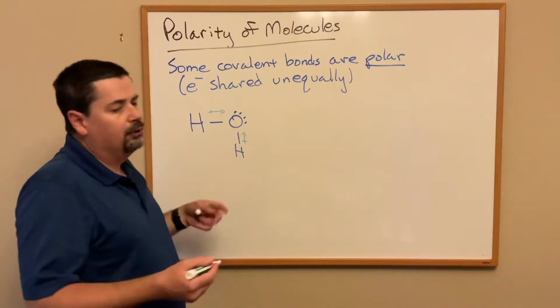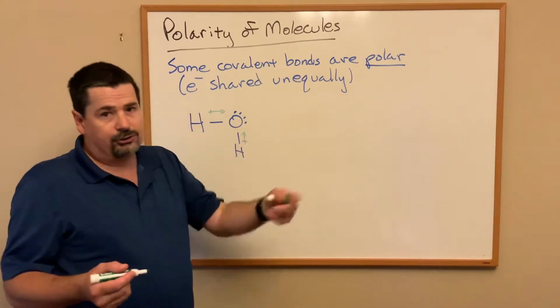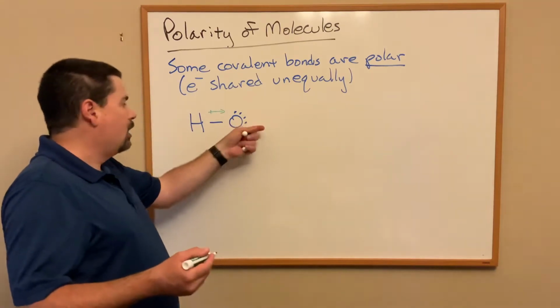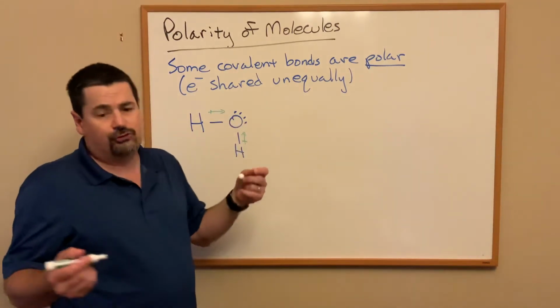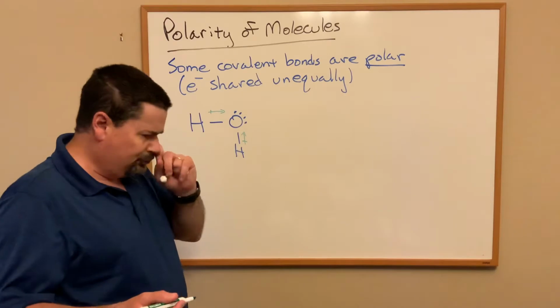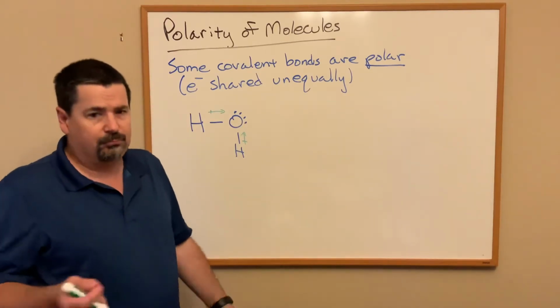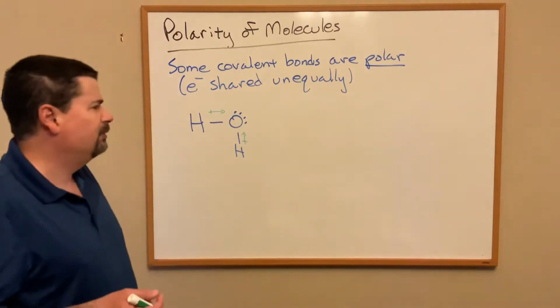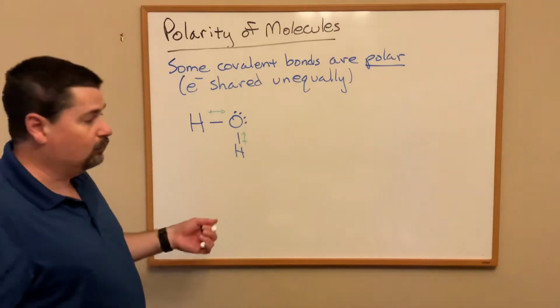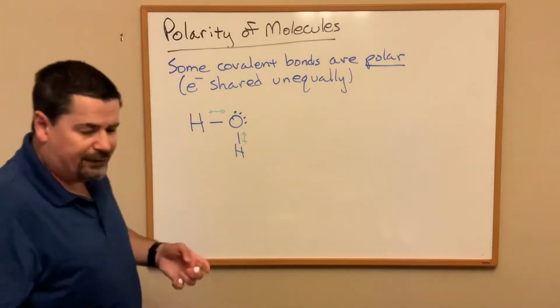And you could look up on the Pauling electronegativity scale, oxygen's 3.5, hydrogen's 2.1. As long as your difference, I think, is greater than maybe 1, it's a fairly polar bond. Maybe it was greater than 0.7. I don't remember. Anyway, that's not what's important.